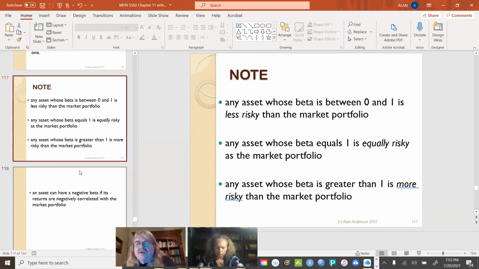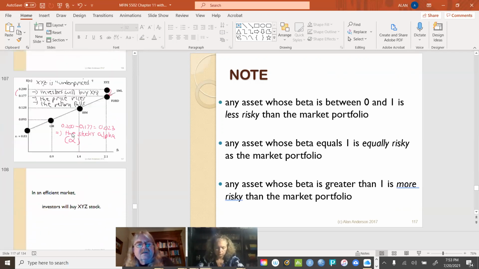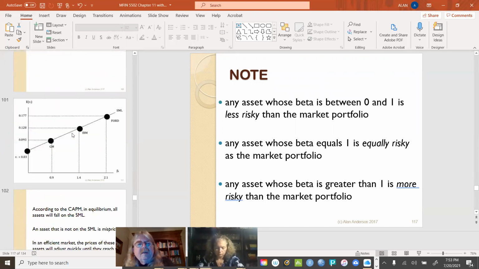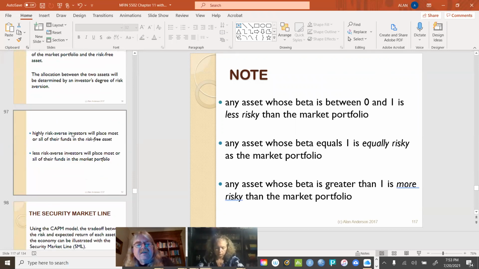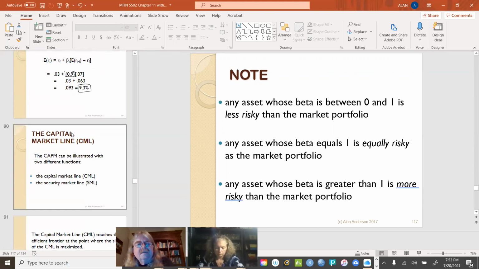And if the beta is greater than 1, it is more risky than the market portfolio. But remember, that might seem like bad news, but that means on average, the return should be greater than for the market portfolio. Okay, so when we're doing these CAPM calculations, remember we said that the market risk premium was 7%, so that the return to the market was 10.